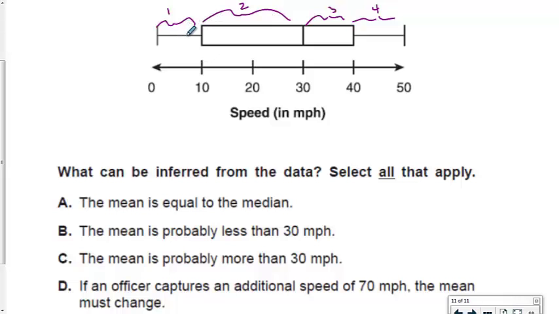You see what I'm saying? So I have the same number of data points here as I do here, as I do here, as I do here. They're all equal to each other. With me on that? So, does it look like, based on that, that it would be more than or less than the mean?